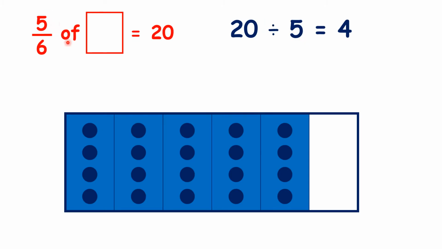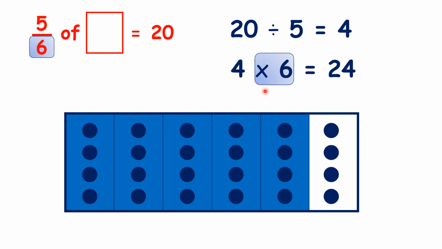So if we have 4 in each sixth, we need 4 in this sixth as well. Now, because 4 times 6 is 24, we have 24 counters in our fraction bar altogether. So that means we know that 5/6 of 24 is 20.